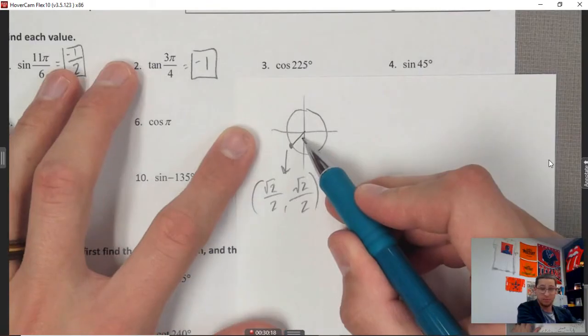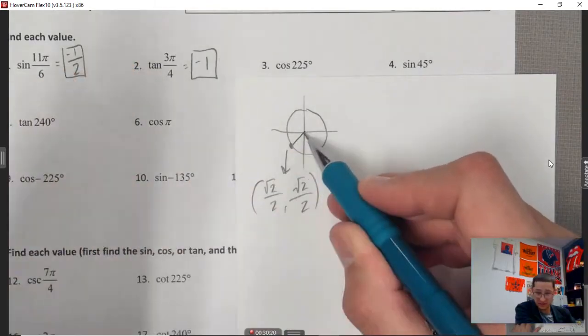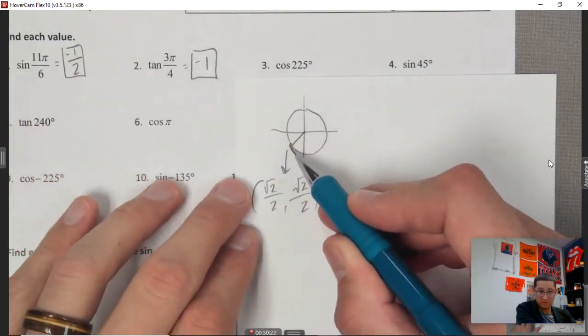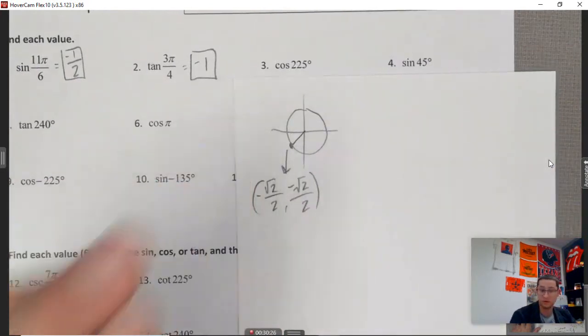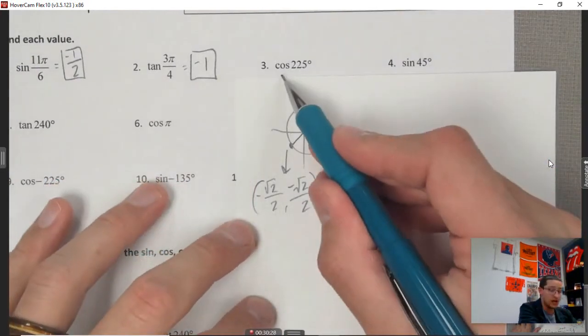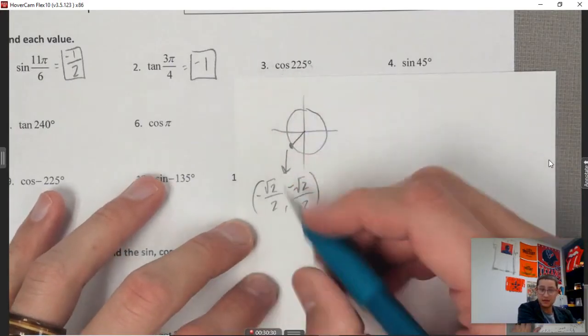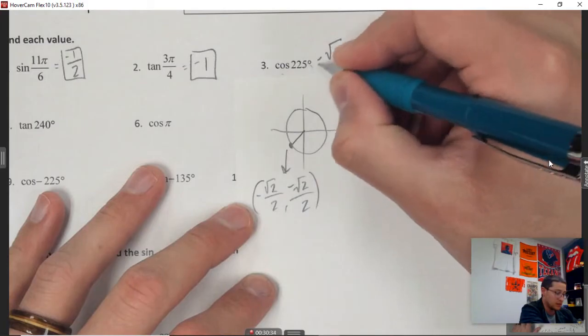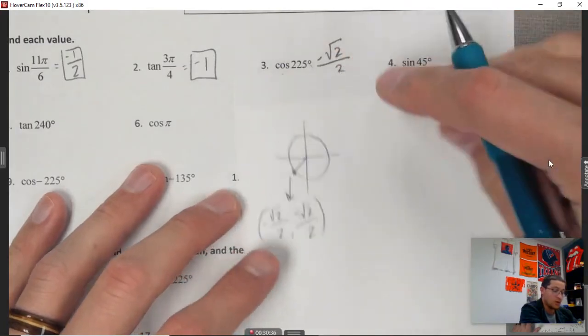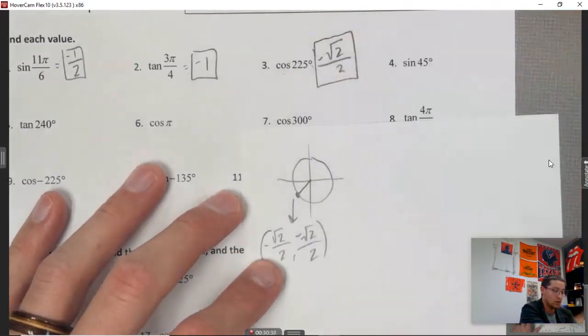But what are the positives and negatives? Negative and negative. Got that coordinate. Cosine is my x, so it's this one right here. They ended up both being the same, but it ends up being negative square root of 2 over 2.